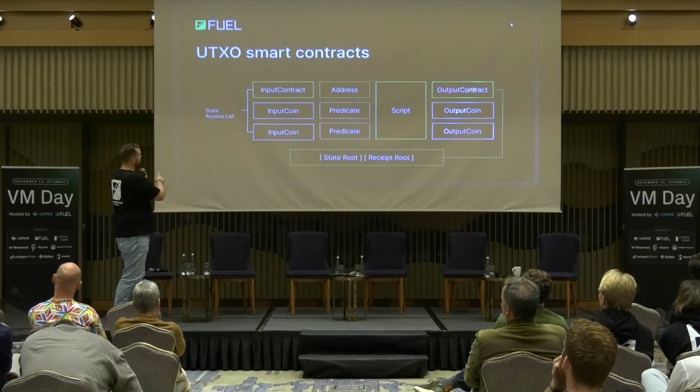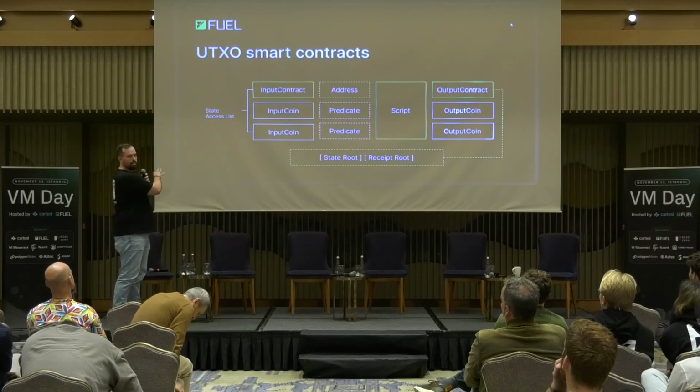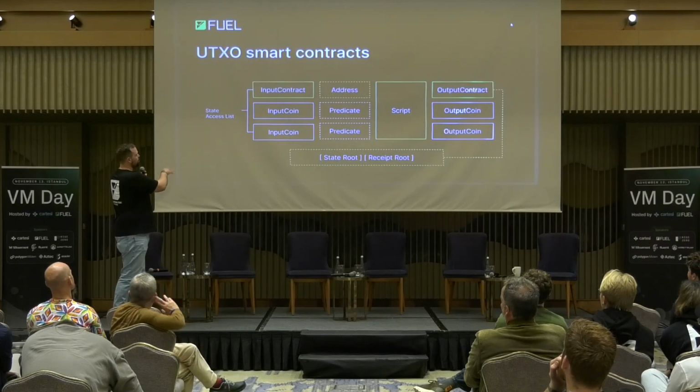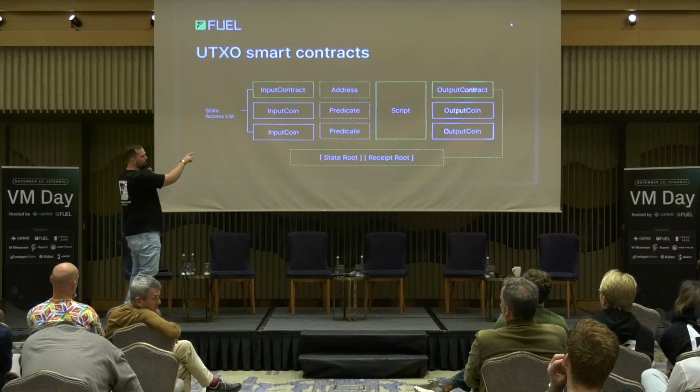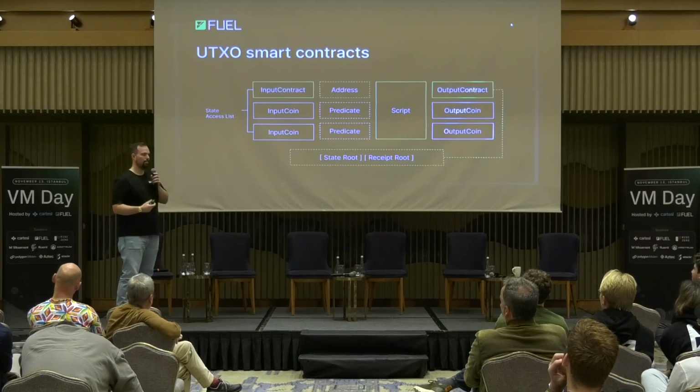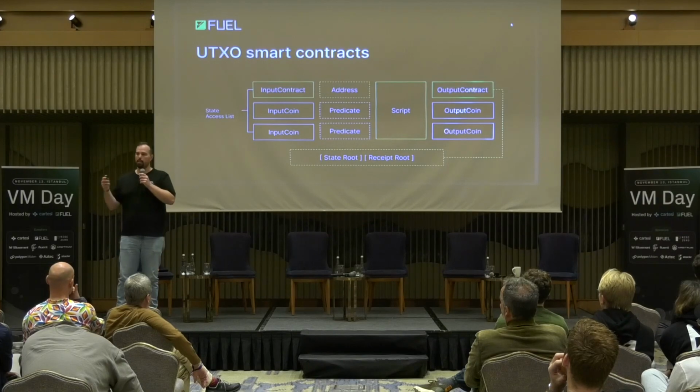You can see here the inputs act as a nice state access list. You have multiple inputs. One's a contract input, in this case how the Fuel VM works. And then when you're defining the output, you're notating two things, the state and the receipt route. But the user doesn't do that. The block producer does that.